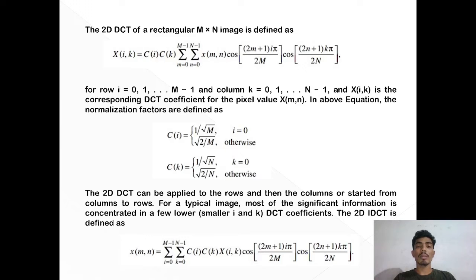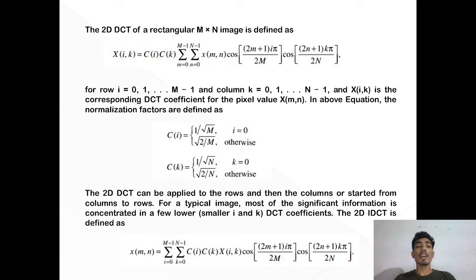So these are some formulas used to calculate the 2D DCT of an M by N image. The first formula is X(i,k) = C(i) C(k) summation of m from 0 to M minus 1, summation of n from 0 to N minus 1, x(m,n) cos((2m+1)i pi/2M) cos((2n+1)k pi/2N).